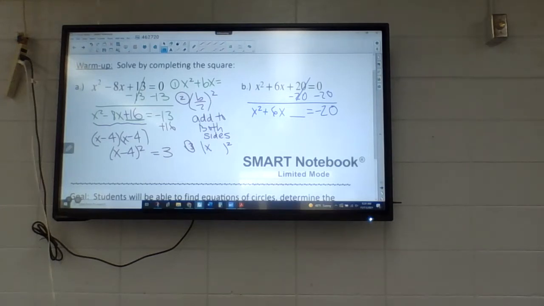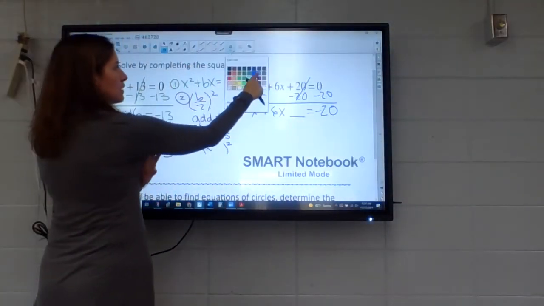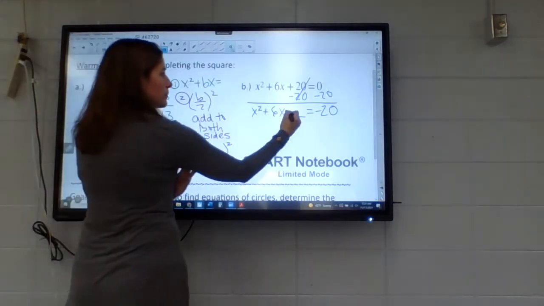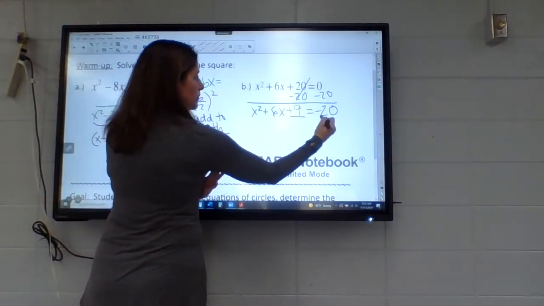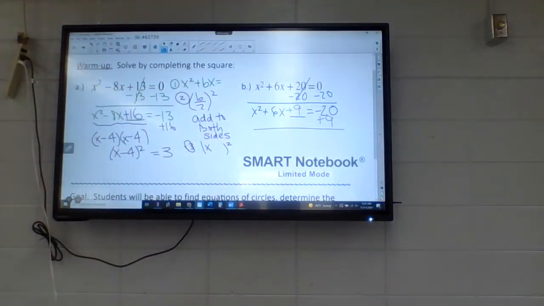So my b divided by 2 squared, so 6 divided by 2 is 3, and then squared will be 9. Again, that always will be factorable as a perfect square.